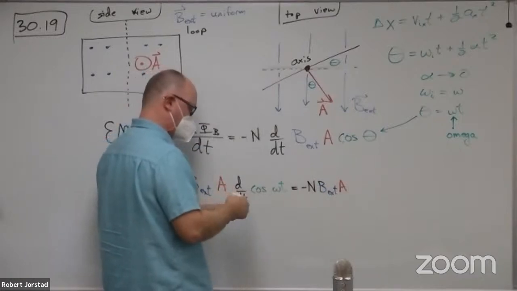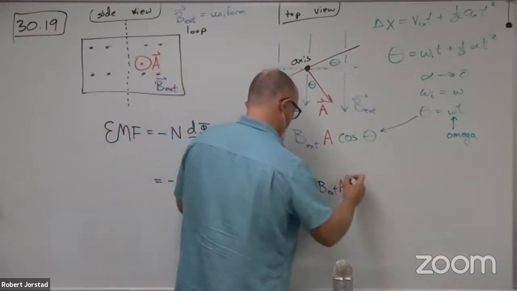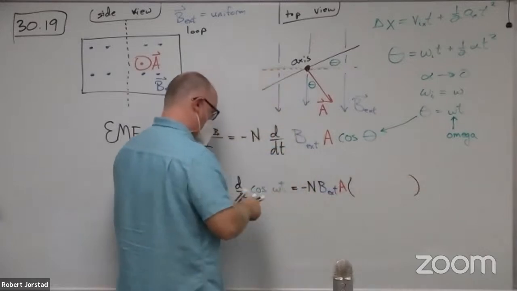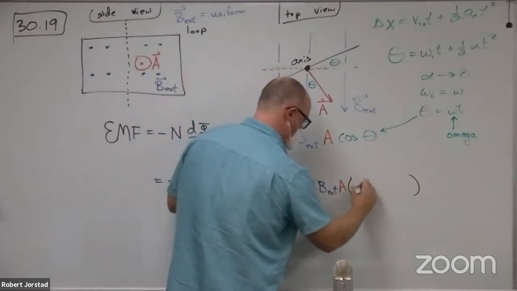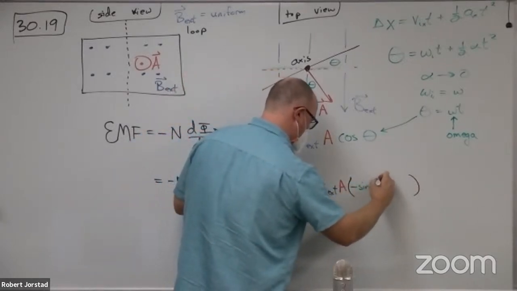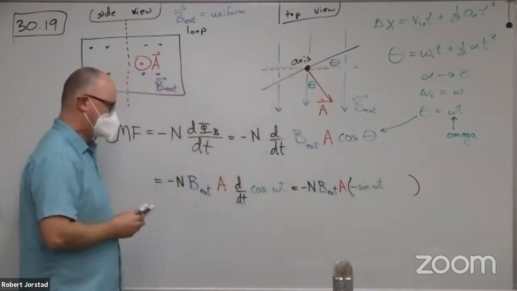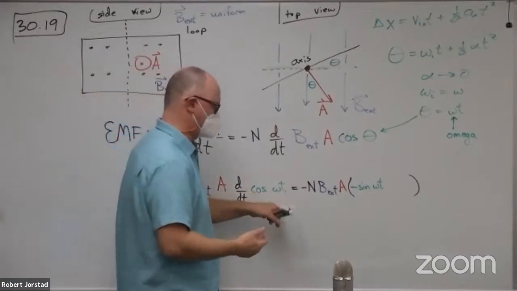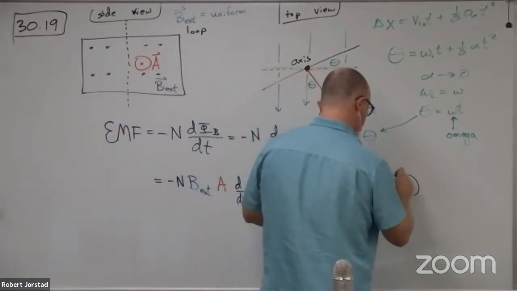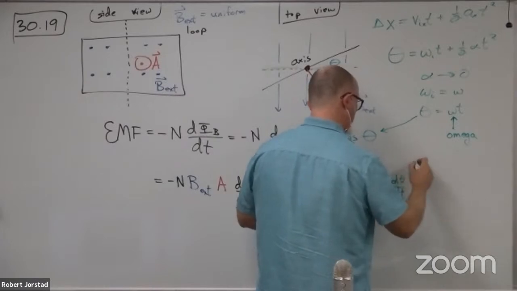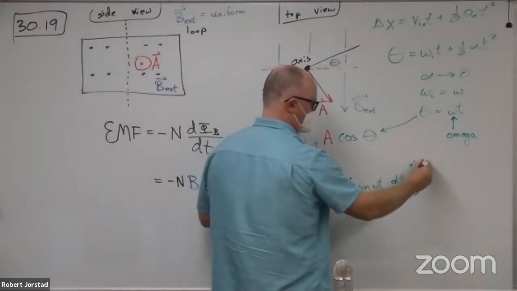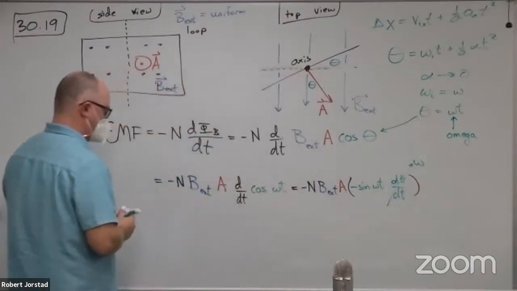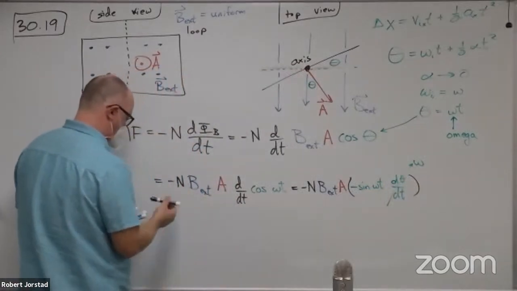We get a minus sine of omega t, and the chain rule, times the derivative of what's inside. I'll say d theta dt, which is omega. So that's where we get the minus signs drop.